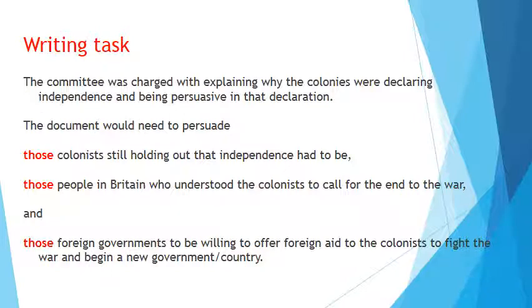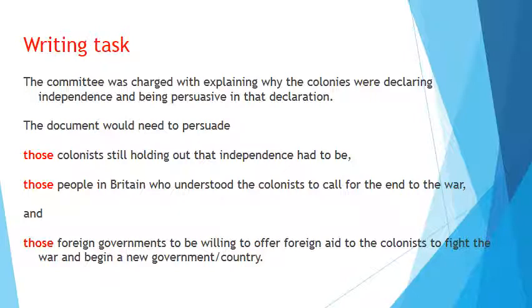Now, another group of people are the English people in Great Britain who understood what the colonists were going through. Those people had to be persuaded to go to King George and to Parliament and say, end this war on our people. Okay?